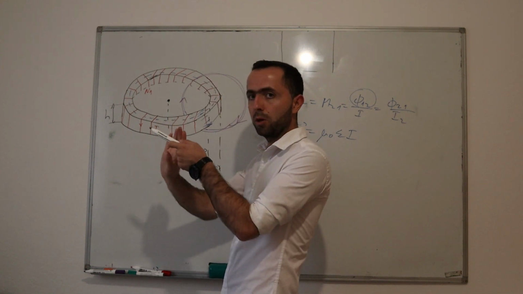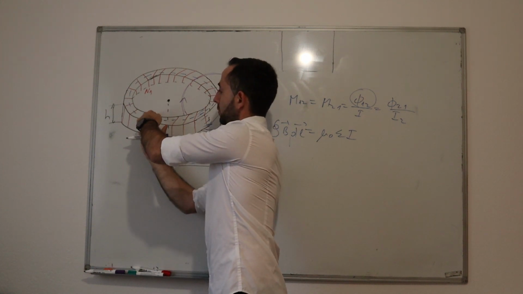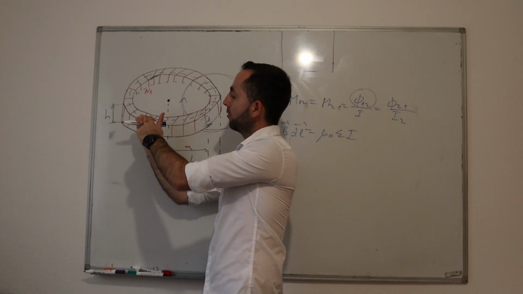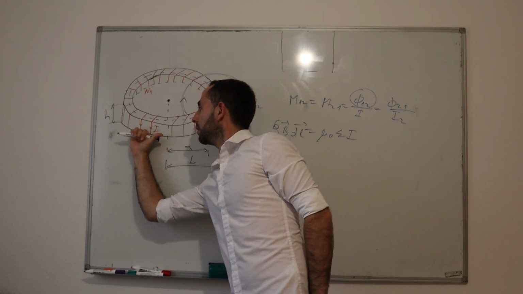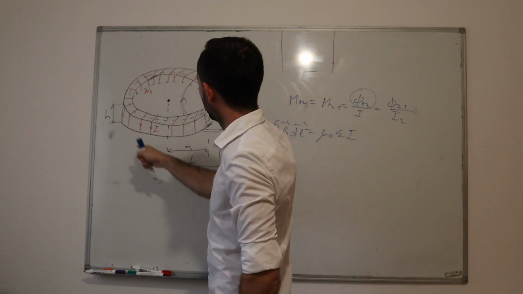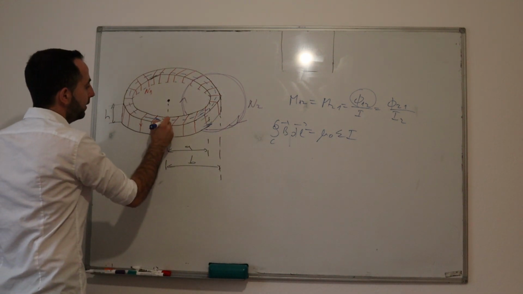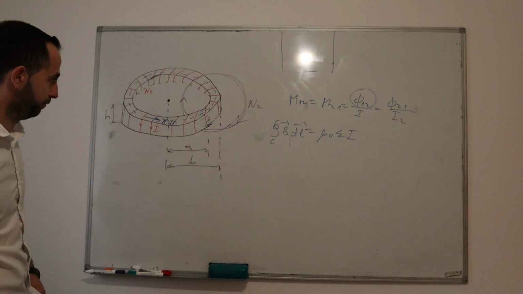So we put our fingers in the direction of the current, and the direction of the magnetic field is like this. So it goes in this circle. So this is B, and also this is dl.